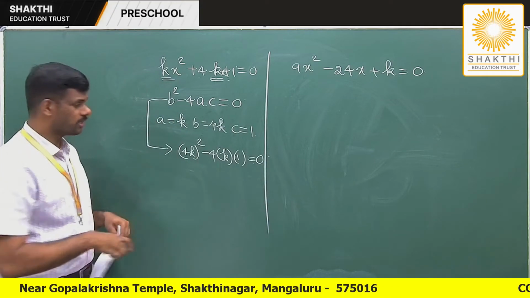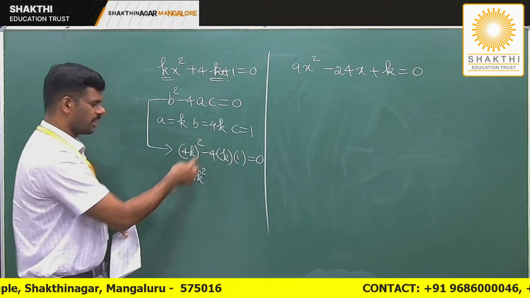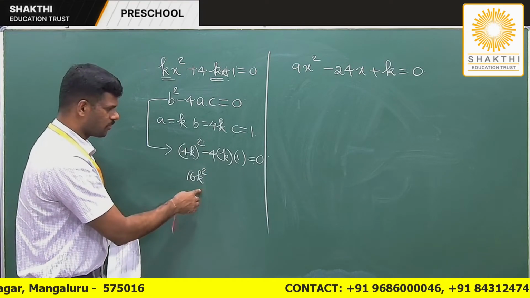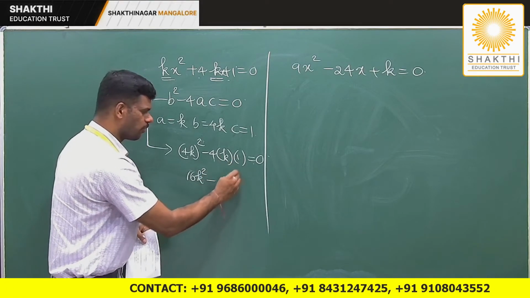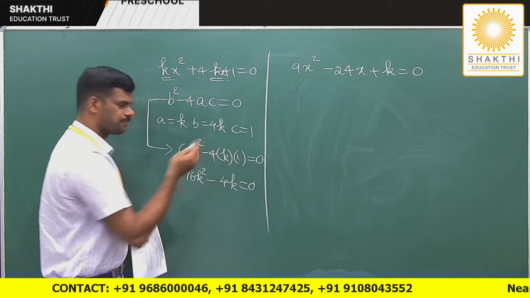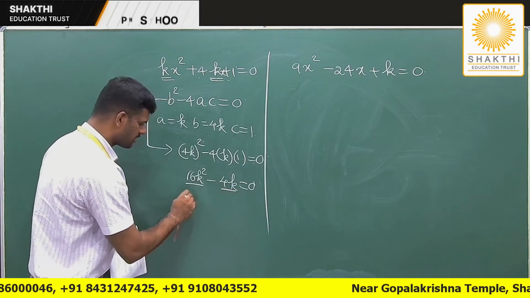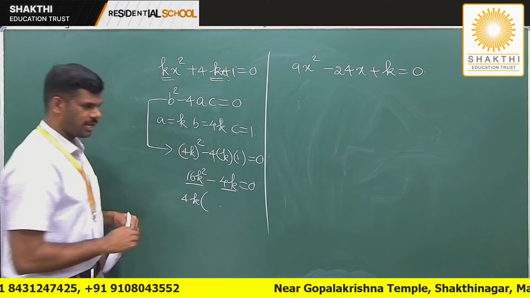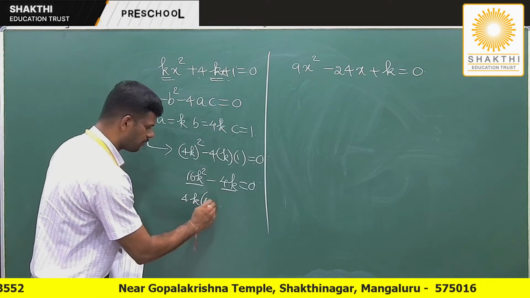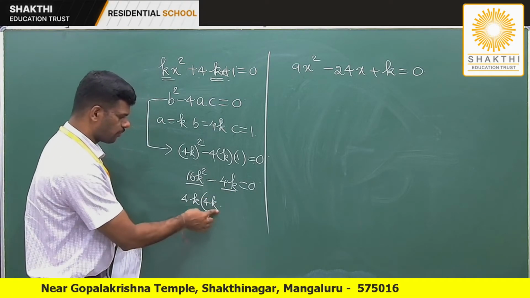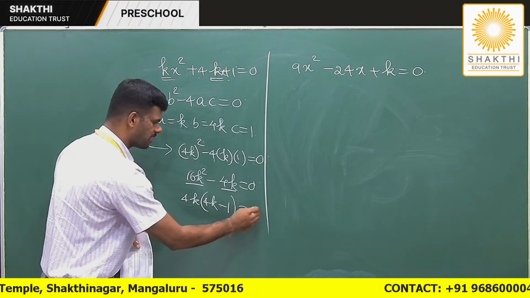It's very important. (4k) square is 16k square, because 4 square is 16 and k square is k square, minus 4 into k into 1 is 4k, is equal to 0. In this, 4k is common. 4k is common in these two terms, and here 4k remains, because 4k into 4k is 16k square. 4k is taken out, 4k minus 1 remains, equal to 0.